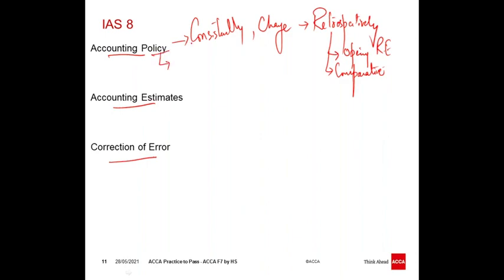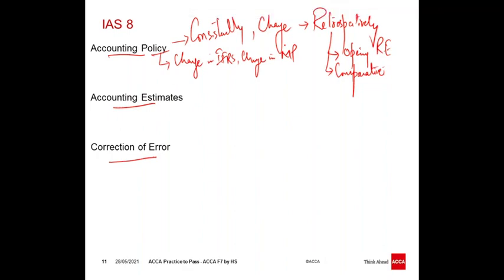Accounting policy can only be changed when there is a change in IFRS, or a change in management's perception that the new policy is more reliable and relevant.